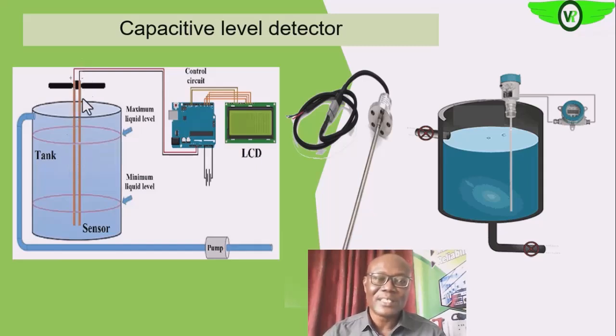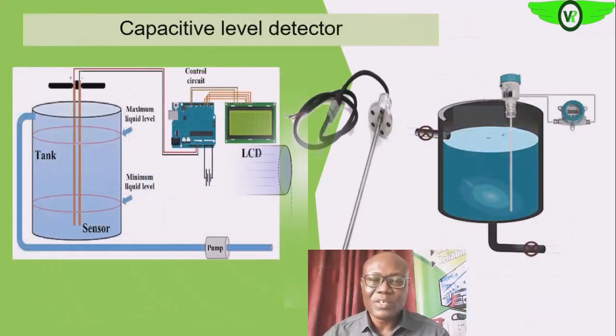That capacitance will then be detected and calibrated to give us a direct reading of the level of the fluid in the vessel. So here is an electrode. In this case, since we have a single electrode, the body of the tank is used as one of the electrodes. So the principle remains the same.